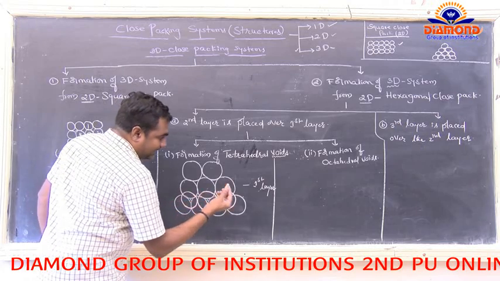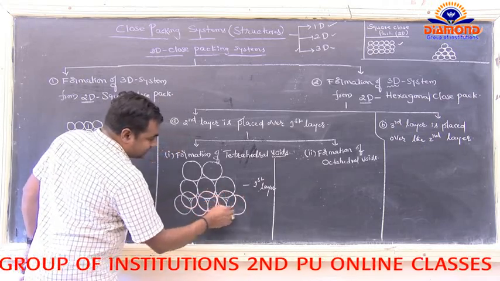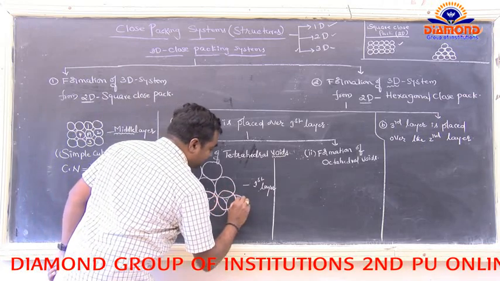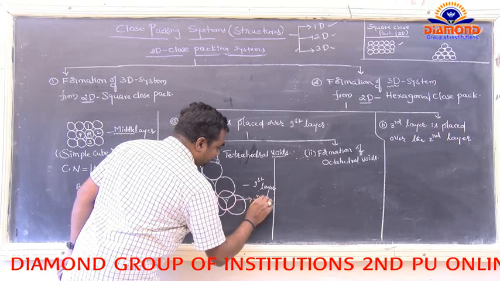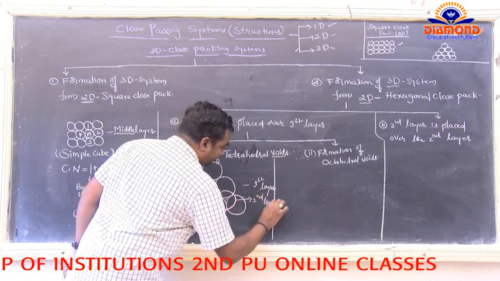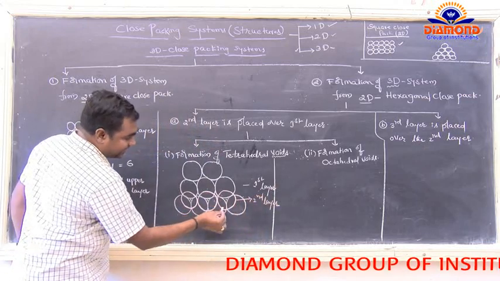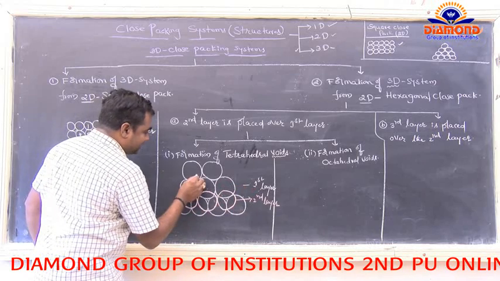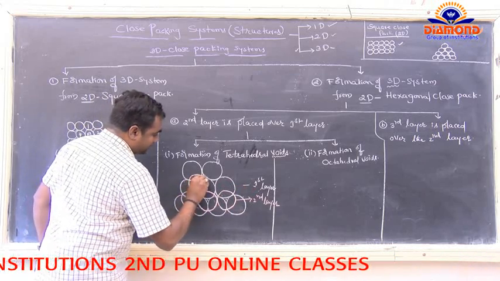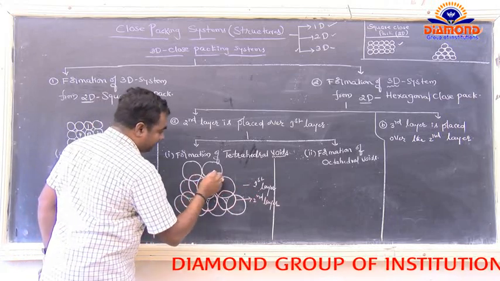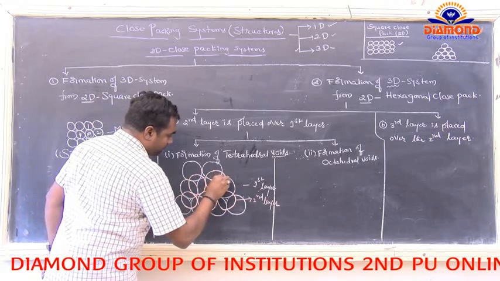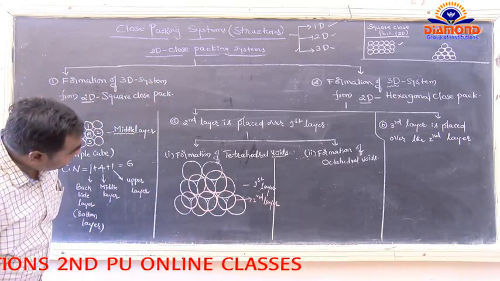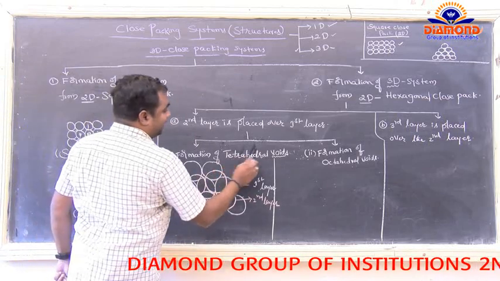These pink colored circles belong to the second layer. The white color belongs to the first layer. Now exactly over there we can get the arrangement of the atoms. This arrangement is called the tetrahedral void arrangement.